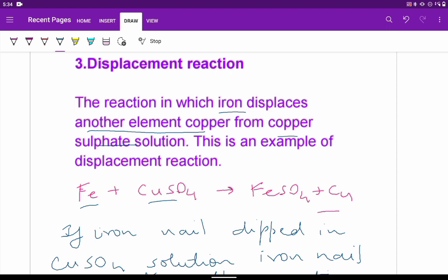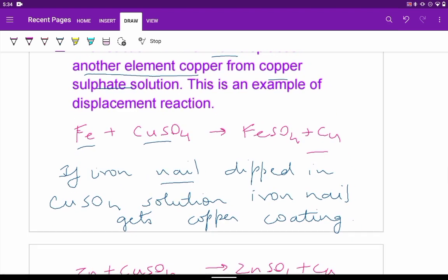We will see that when we put some iron nails in copper sulfate solution, slowly we find that the iron nail gets a copper coating. And there is a change in the color of the copper sulfate solution. We can see the change.